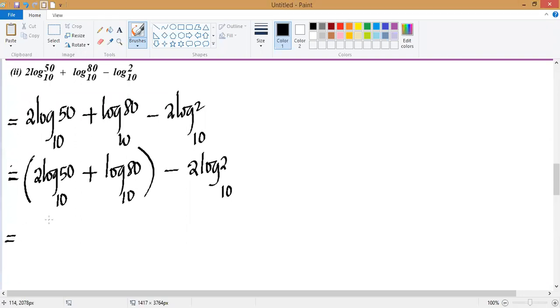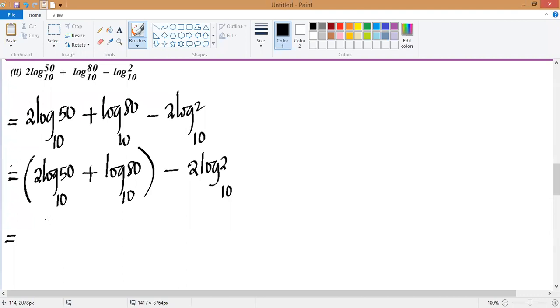Next. 2 log 50 base 10 times 2 log 80 base 10.